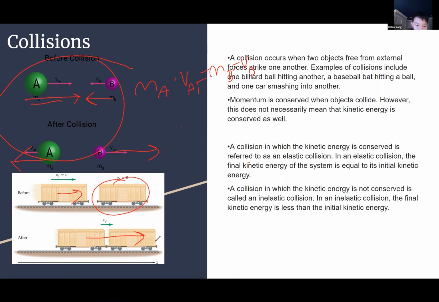And for this one, since after it's connected, the initial would be ma times v initial plus 0 is equal to, and then the final would be the masses added together since they're both moving, times the v. Because they're moving together, they have the same velocity and their masses are added together. But before that, this one has momentum and this one's 0 since there's no velocity. So since it has ma plus mb, their kinetic energy couldn't be conserved.